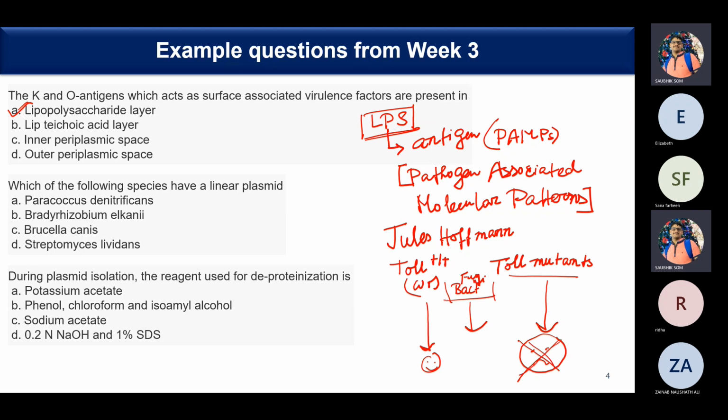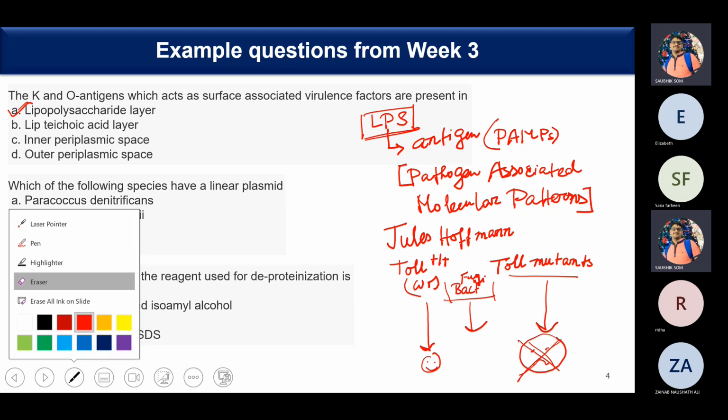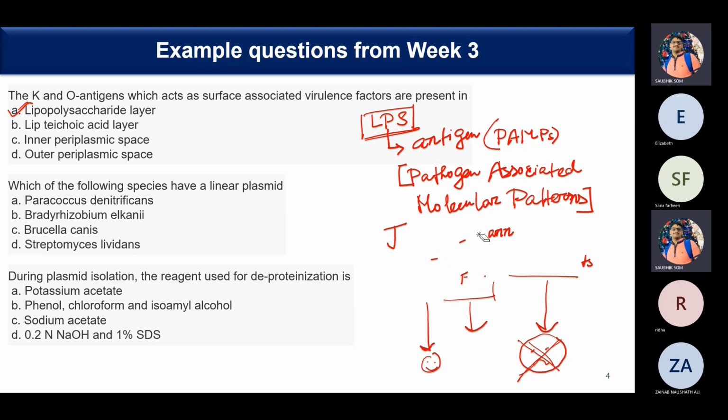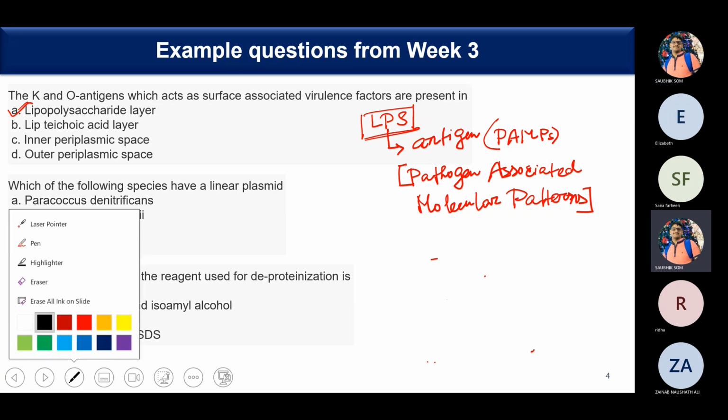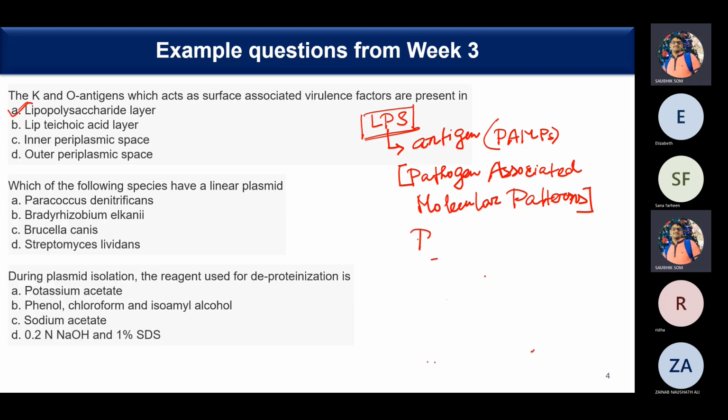From that, he thought that this toll-like receptor would be used as PRRs, pattern recognition receptors.